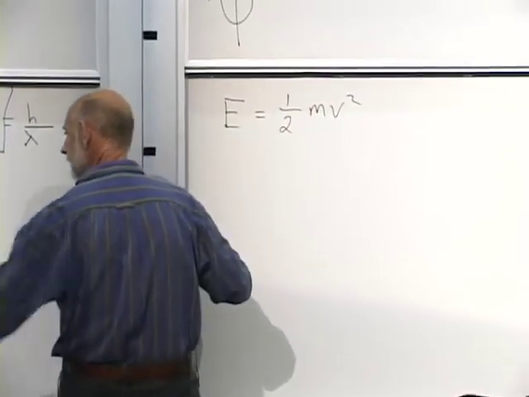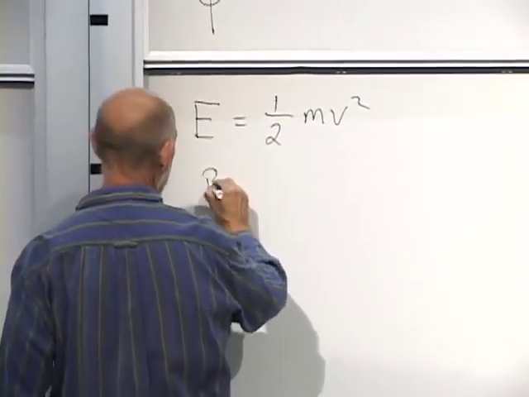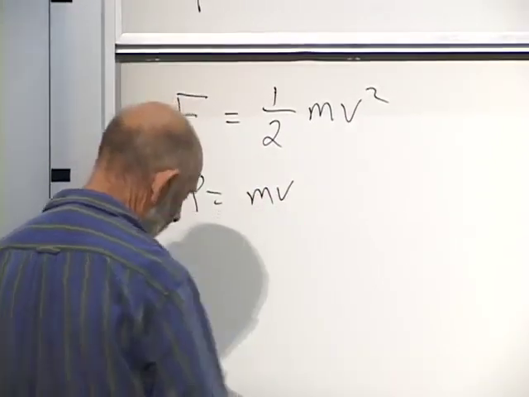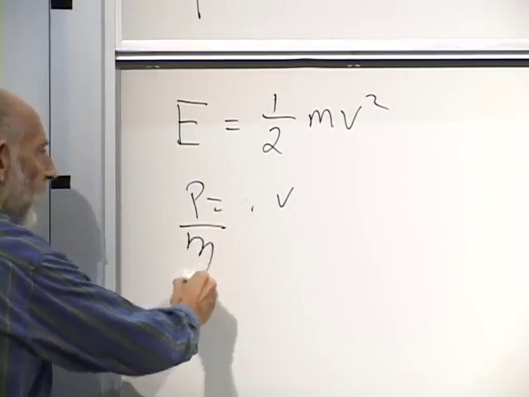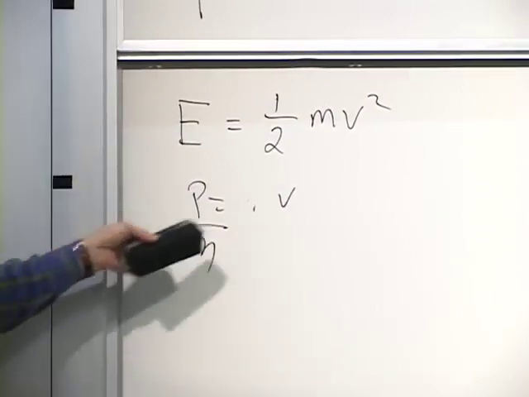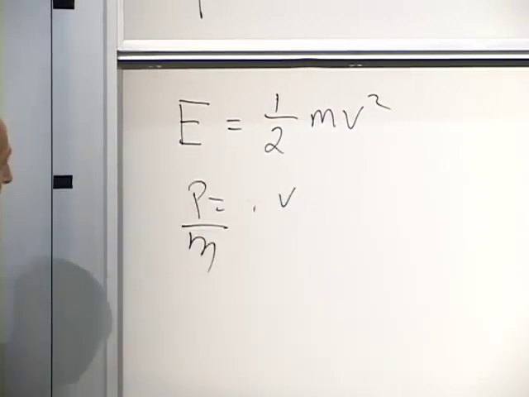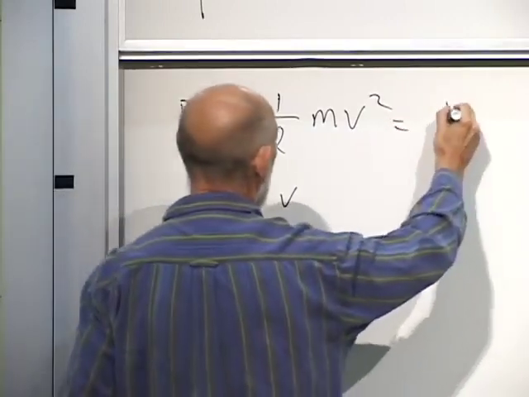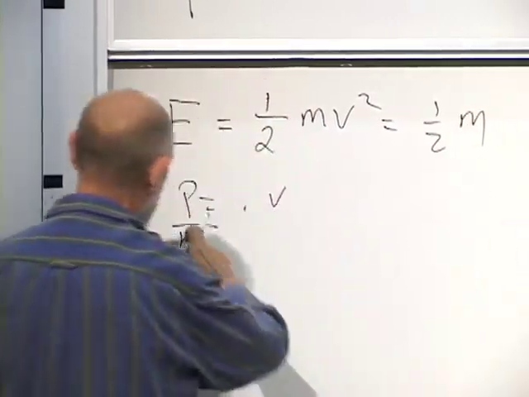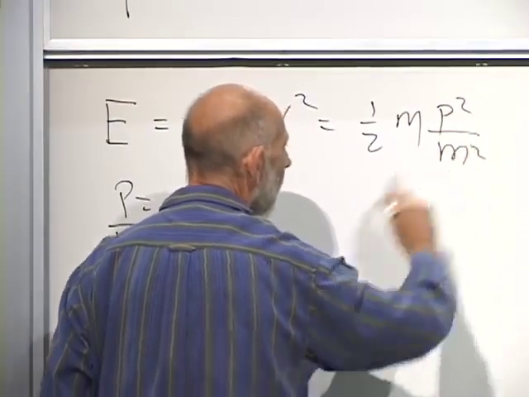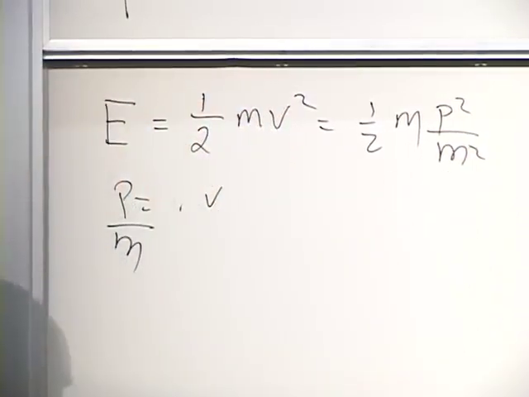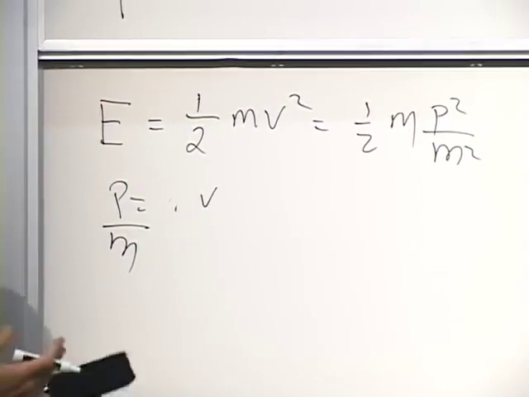And the momentum, p equals mv, so we can solve for the velocity, p over m. Everything is a vector, but that's all right. And then the energy becomes 1/2 m times v squared, and v squared is p squared over m squared. If you don't know this equation, it's an important equation.